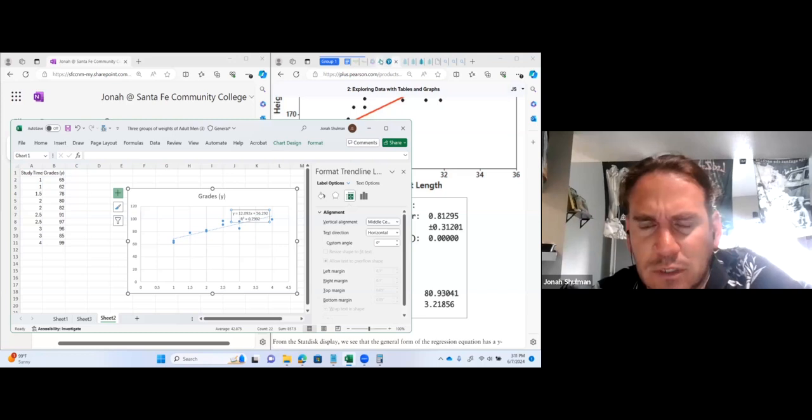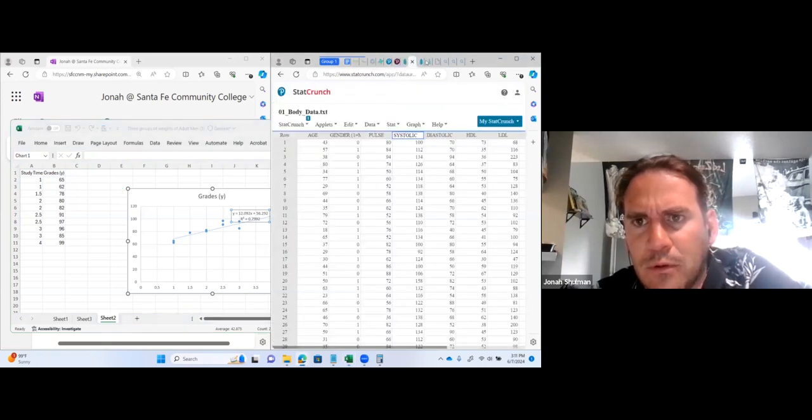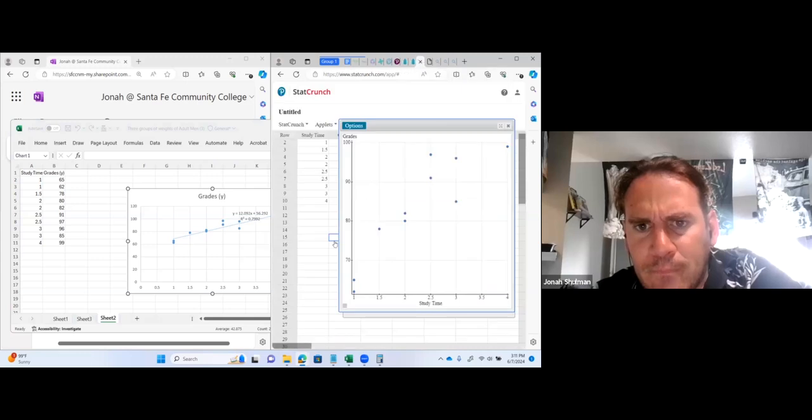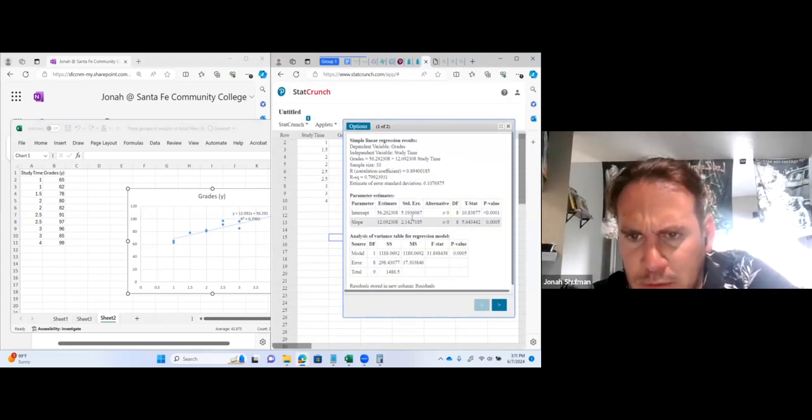Let's see where it comes up on our StatCrunch. Look, it's right there. There's our slope, 12.092.